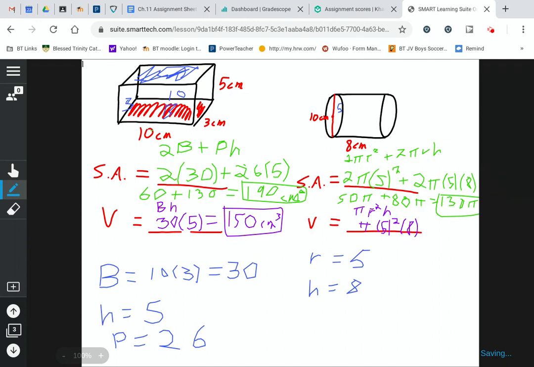All right, so 5 squared is 25. 8 25s are 8 quarters. That's going to be 200. And so it's going to be 200 pi centimeters cubed.